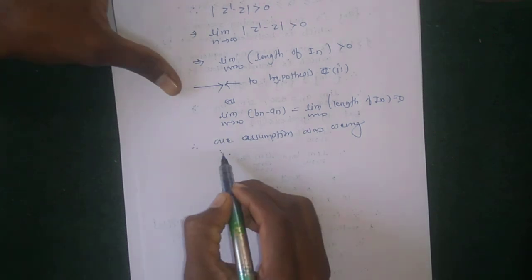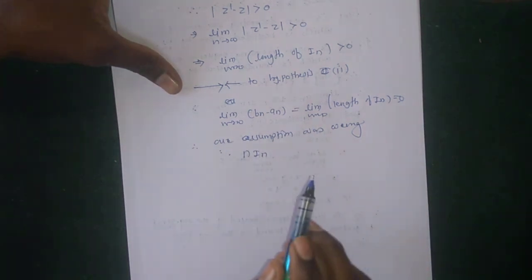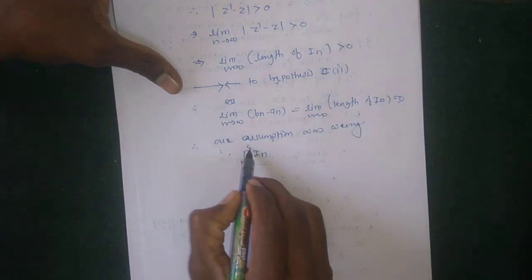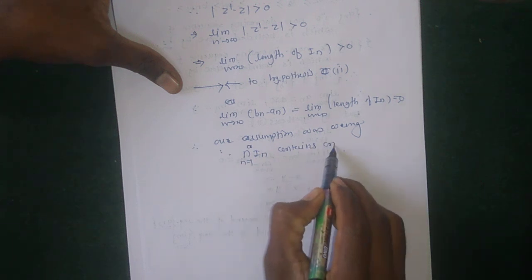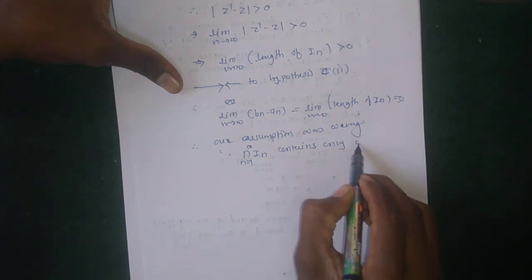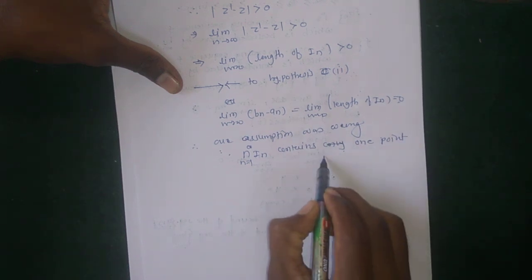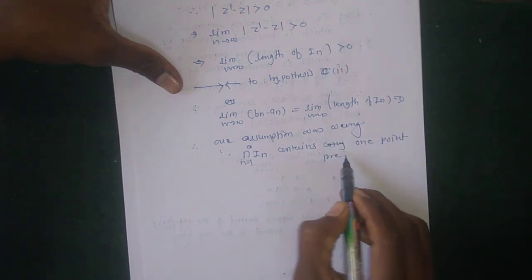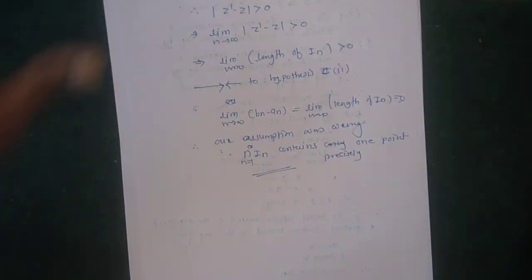Therefore the intersection of In contains only one point, or precisely one point. This is the proof of our theorem.